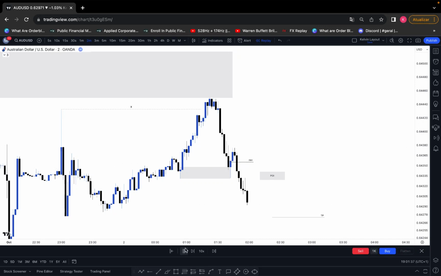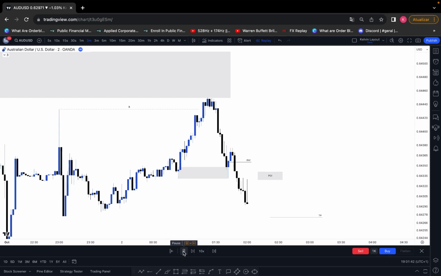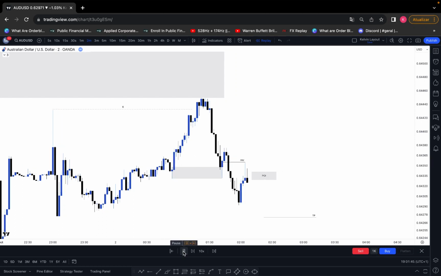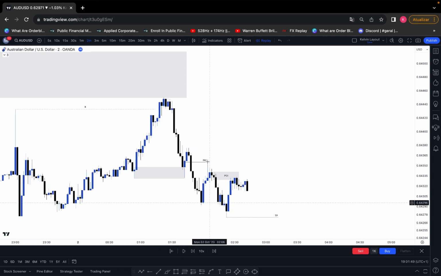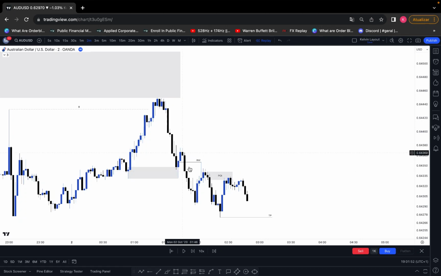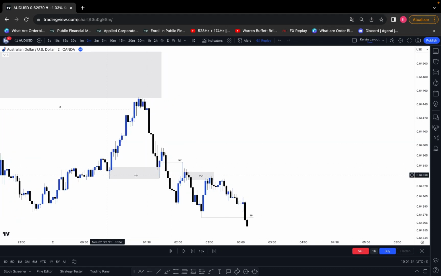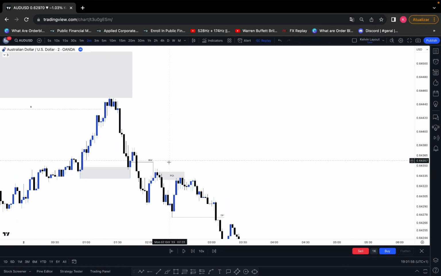So let me just see if that's what price did. So I was monitoring that flip zone as well. So let me just play a little bit more. So price actually came back into that zone that was responsible for breaking that demand zone right there, the flip zone.